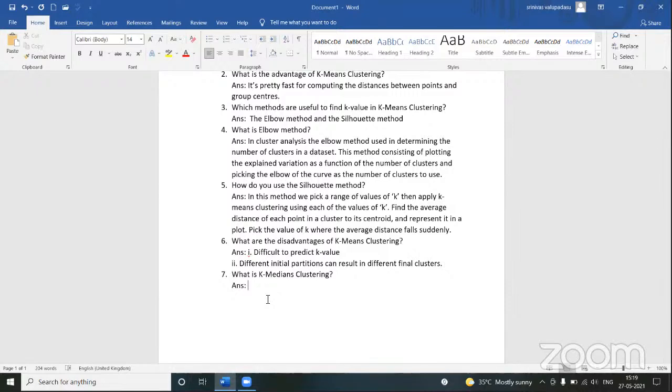It is a variation of K-means clustering, where instead of calculating the mean for each cluster to determine its centroid, we calculate the median. So instead of mean, we calculate median. The algorithm is the same.